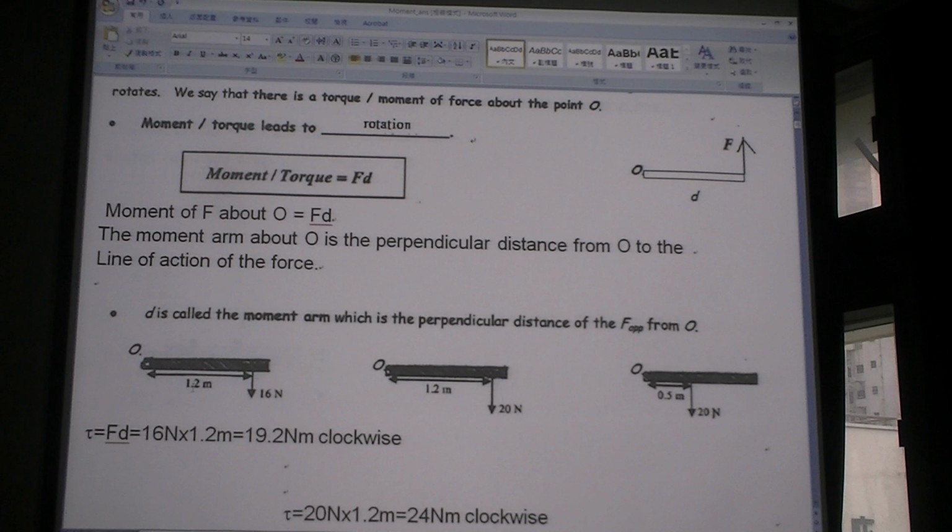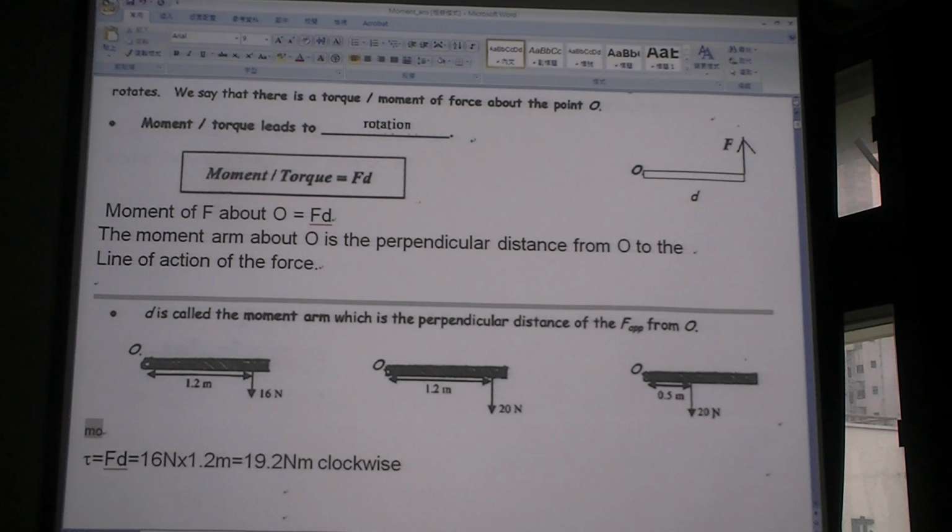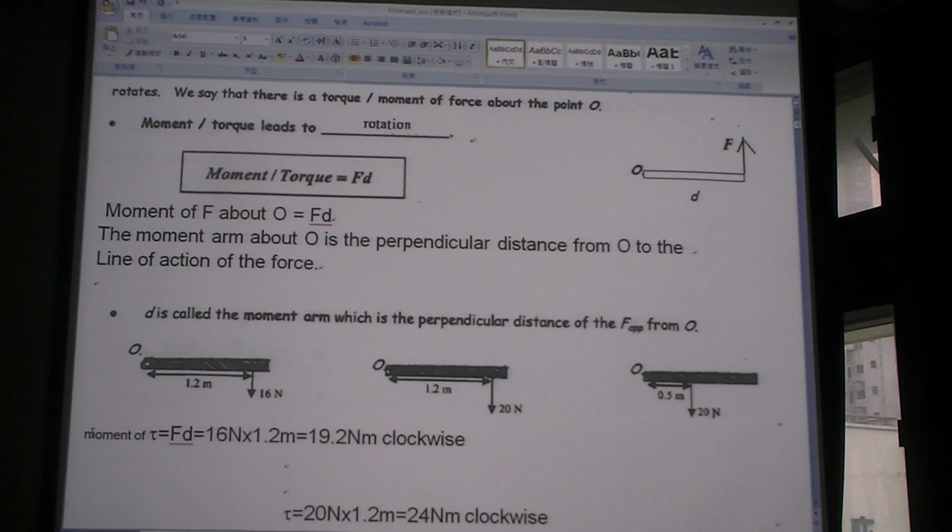And the point of application of the force is 1.2 meters from the point O. So for the moment we use this symbol, which is read as tau, the moment about O. If we are using words, we can say moment of the 6 Newton force about O. In simple terms, it is equal to F times d, so the force is 16 and the distance is 1.2, and that gives us 19.2.